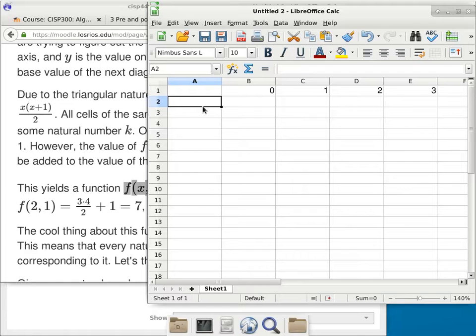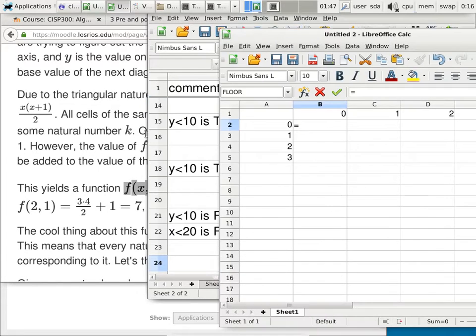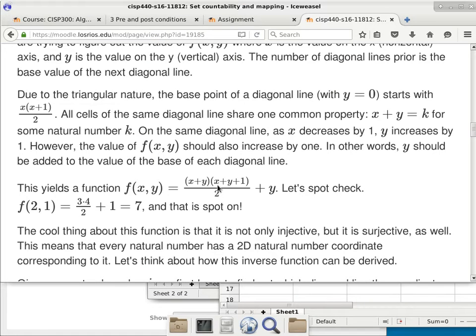Okay. Figure out the values of those. That may be a little bit too ambitious, but we'll see. Okay, so we have x going this way, y going this way. And the equation specifies x plus y times x plus y plus 1, the whole thing divided by 2, plus y.